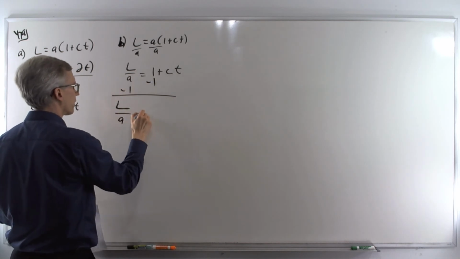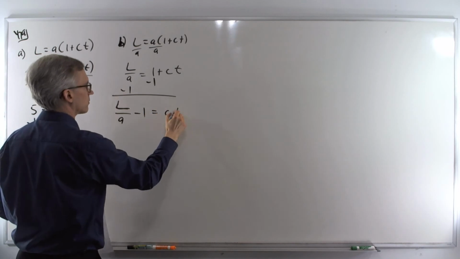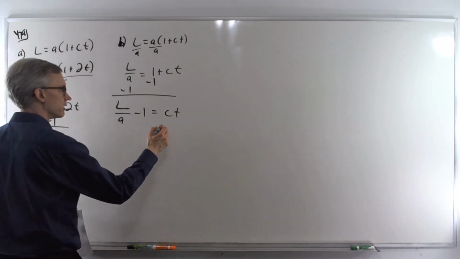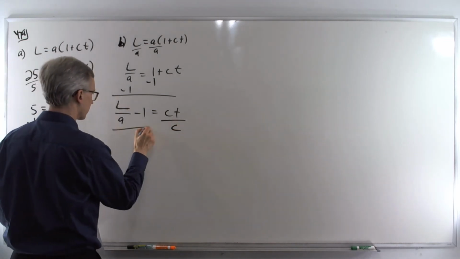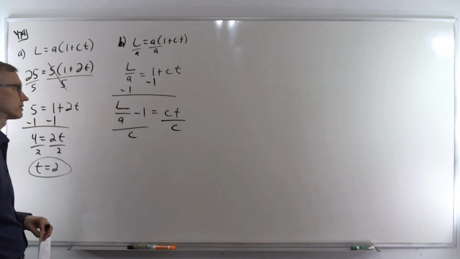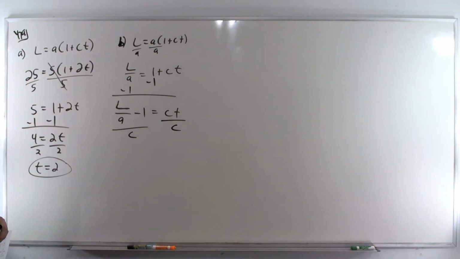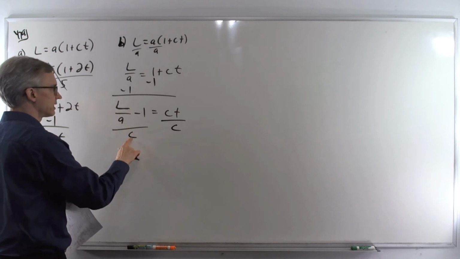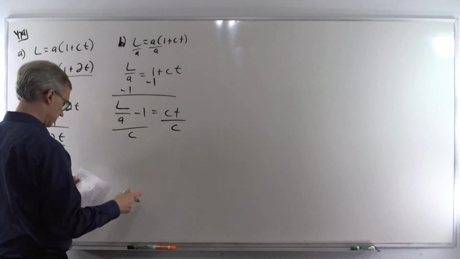So we got L over A minus 1 equals CT. All right, last thing we need to do is solve for T, so I'm going to divide everything by C. Now, this looks a little strange. What we're actually doing here is we have two terms, so we're dividing this term by C and we're dividing this term by C.